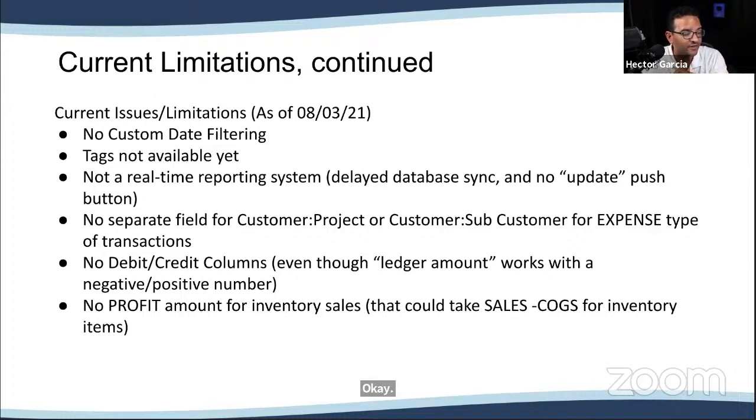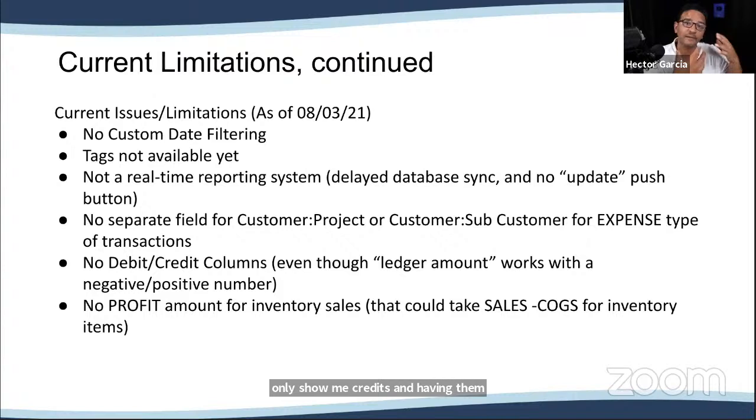There's no debit and credit column. Again, ledger amount sort of solves the problem, but it would be cool to have debit and credit, because I can filter them and say, only show me debits, only show me credits. And having debits and credits is a starting point to building a custom trial balance report, which could also bring forth a whole bunch of interesting things.